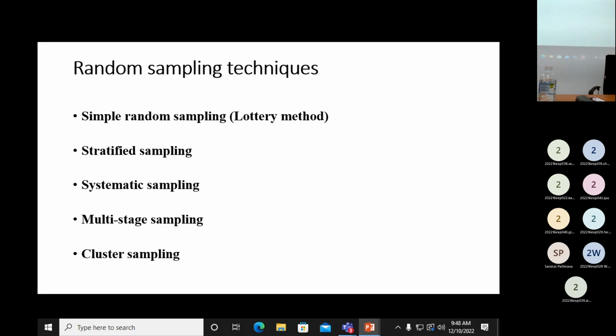Then stage 4, decide villages of selected divisions. Right? Village or some areas you can decide.